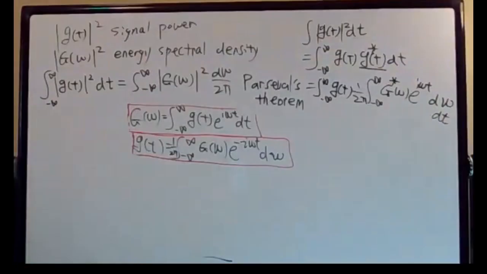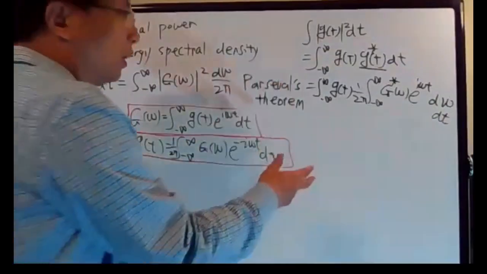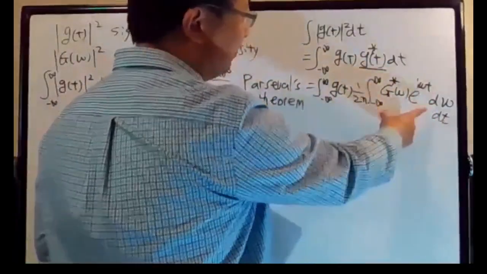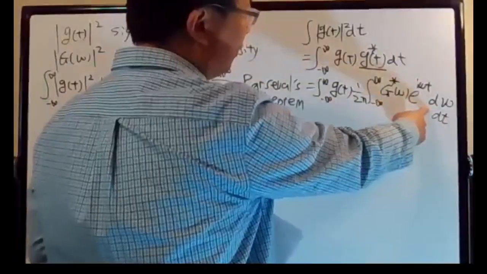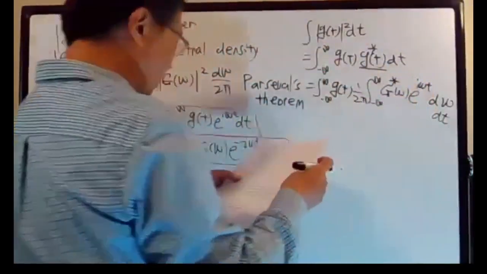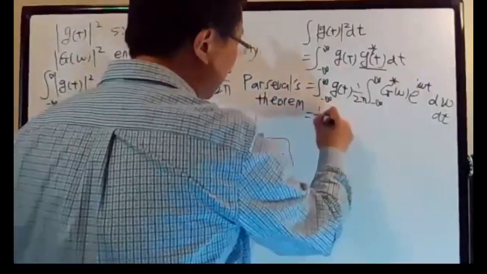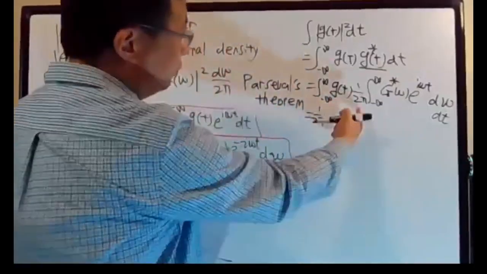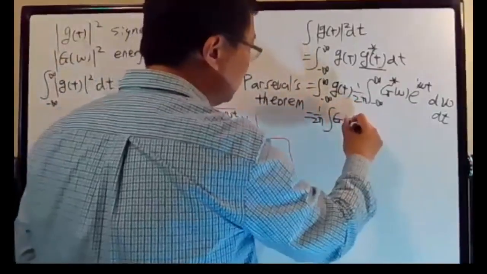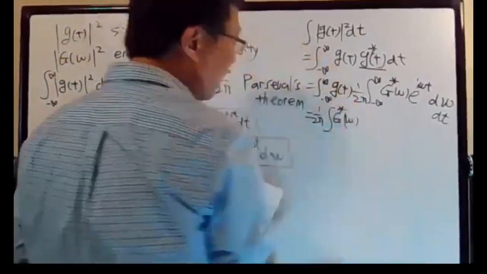Next we will change the integral order. Here, the first integral should be d omega. Now I would like to switch the order. We will move the 2 pi constant out, and then we'll move the G omega conjugate out.